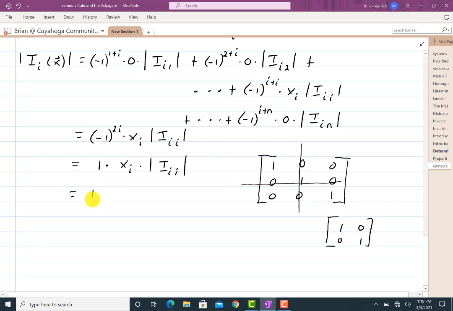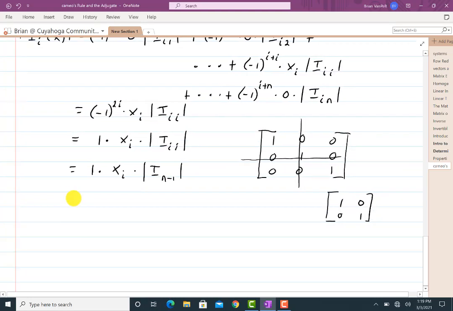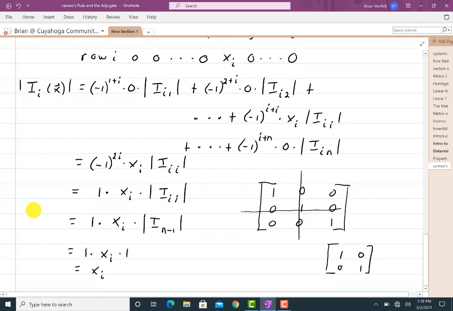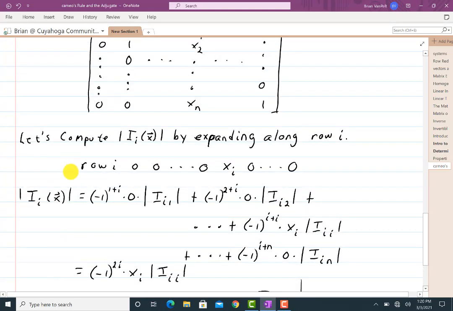So let me write that in as a step 2, so later on when you look at it, you can follow it. So this is the determinant of I sub n-1, which is still 1, but I think it's important to know what it comes from. So I have 1 times x_i times 1, which is x sub i. So come back up here. Well, where was I before?